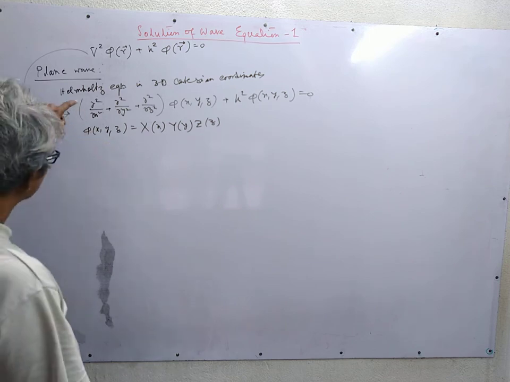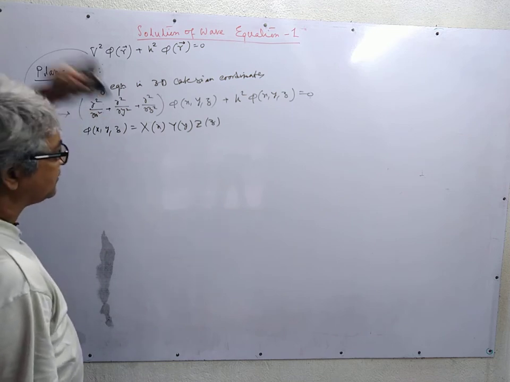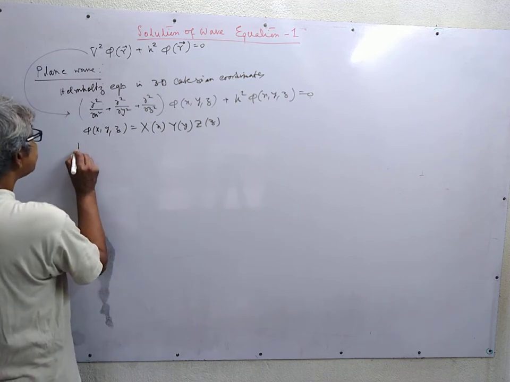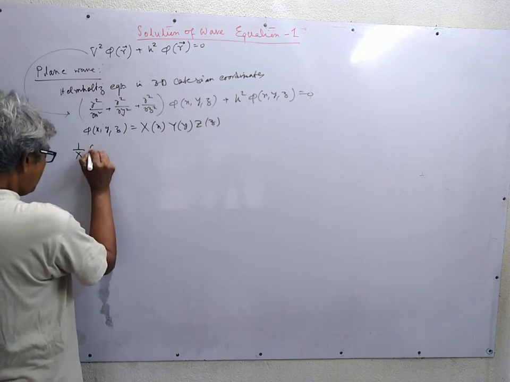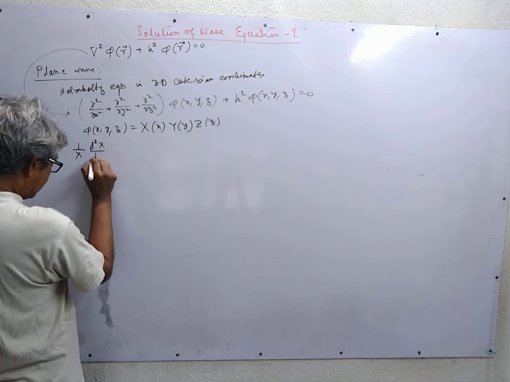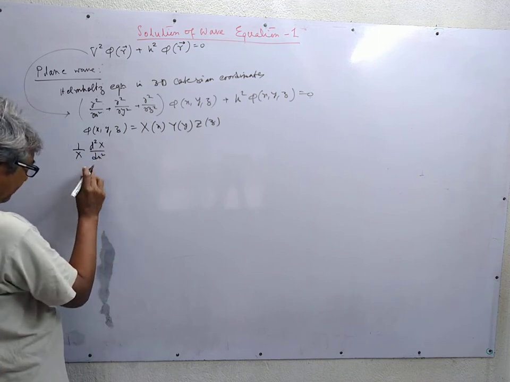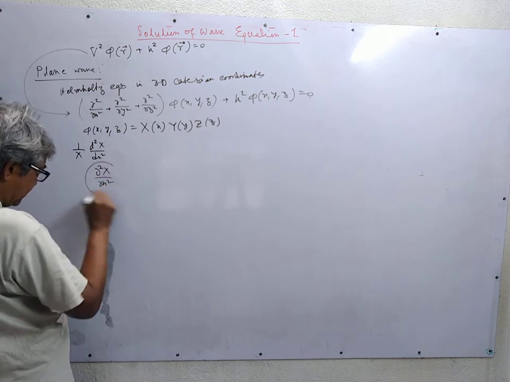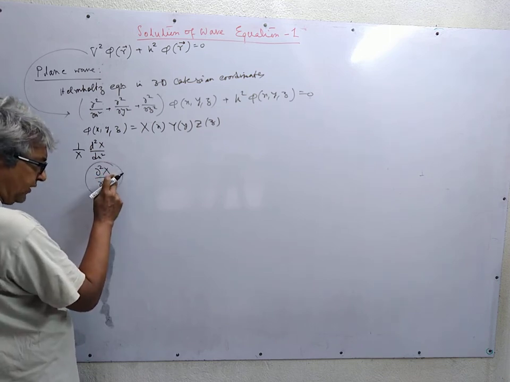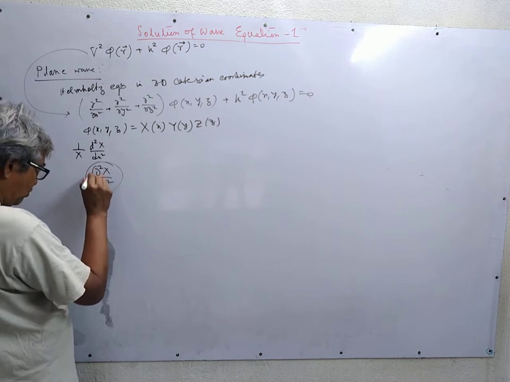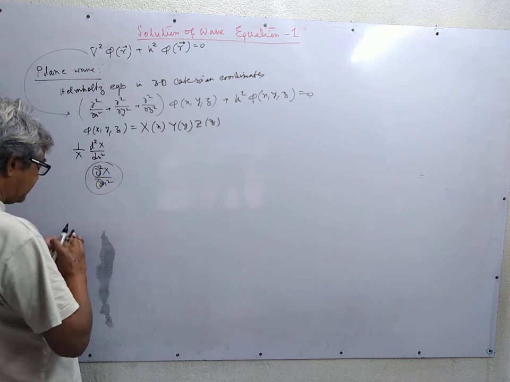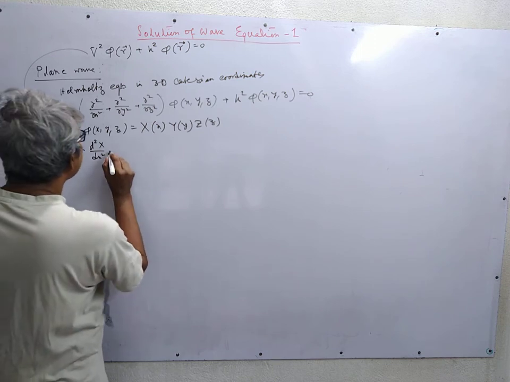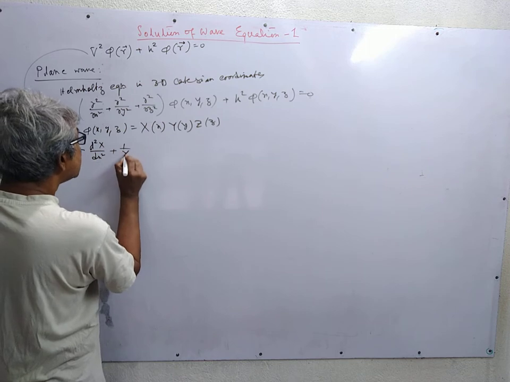We plug this in, and for a non-trivial solution we divide all through by X Y Z. So the result is 1 by X d2X dx2. Note that if one uses the partial derivative notation in this place, it is totally wrong because capital X is a function of small x only. So use of the partial derivative notation is erroneous, and a serious penalty may be faced in examination.